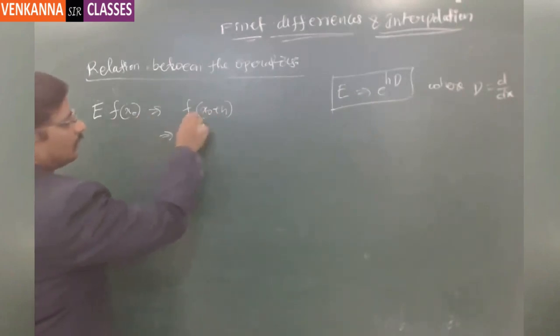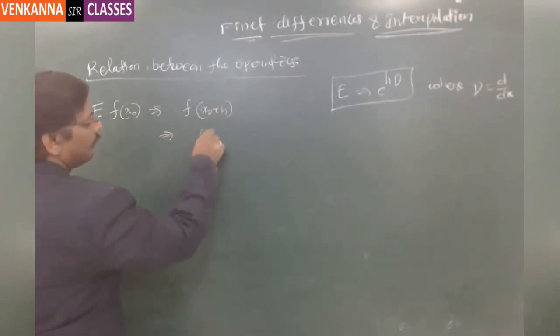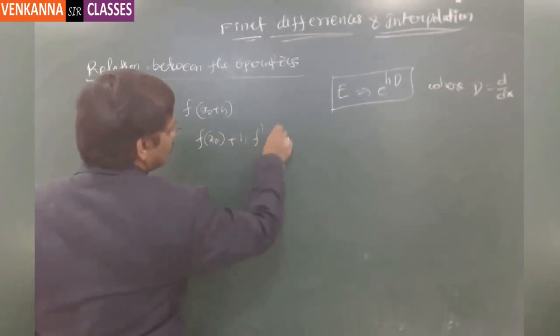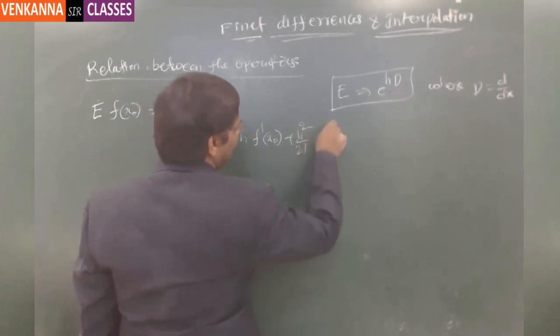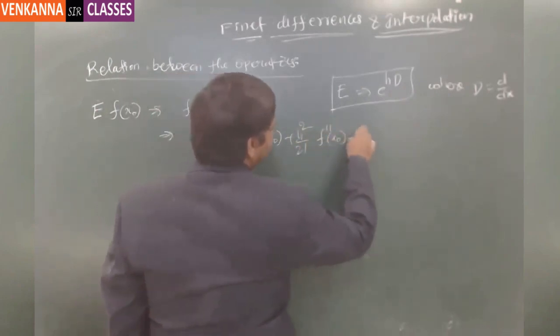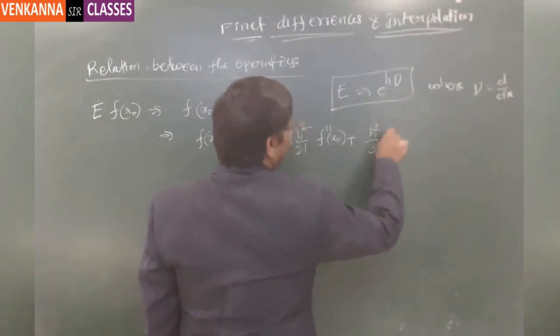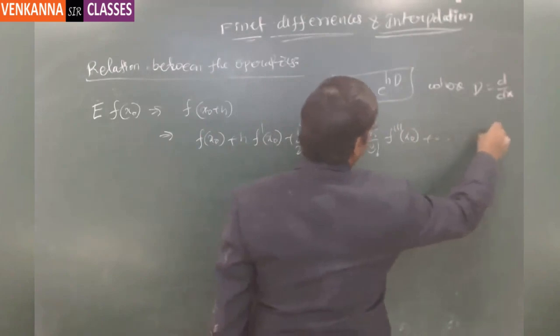Now if we expand this with the help of Taylor's expansion, then f of x naught plus h is f of x naught plus h into f dash of x naught plus h square by 2 factorial into f double dash of x naught plus h cube by 3 factorial into f triple dash of x naught plus and so on up to infinity.